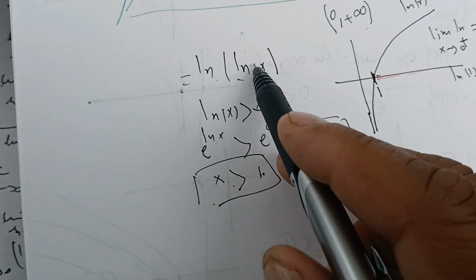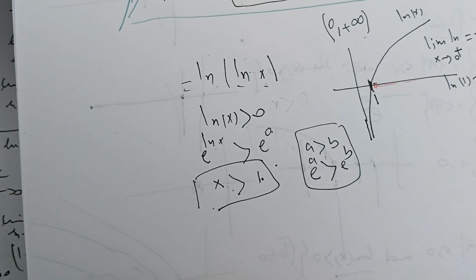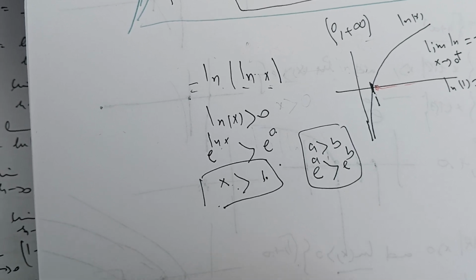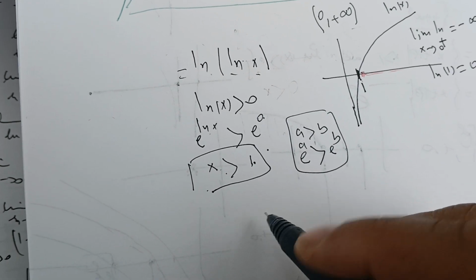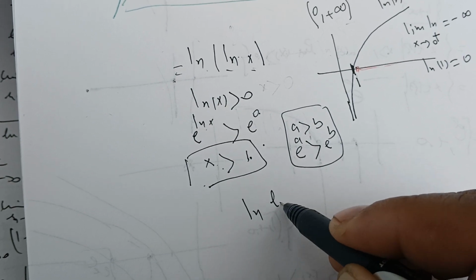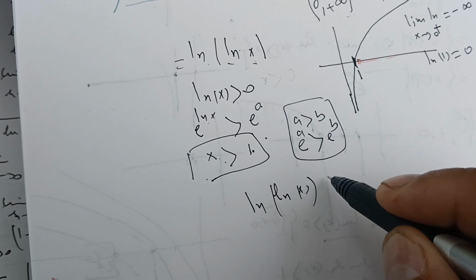Next, we're going to find the domain for the whole function. That means we need to find the values such that ln of ln of x is bigger than 0.